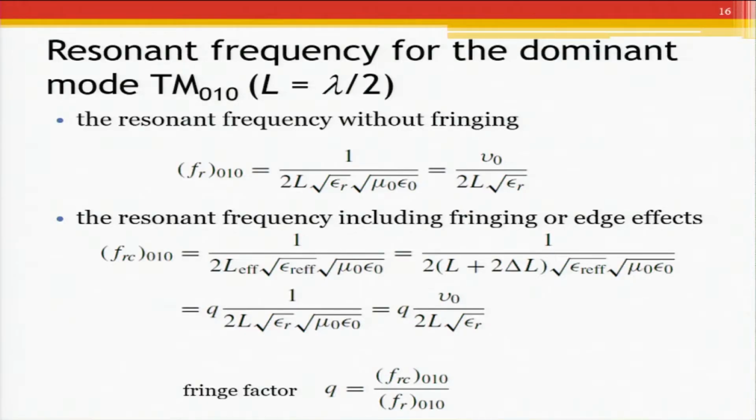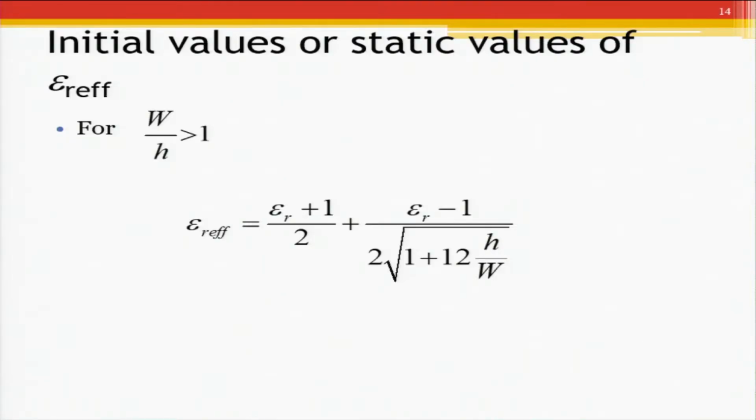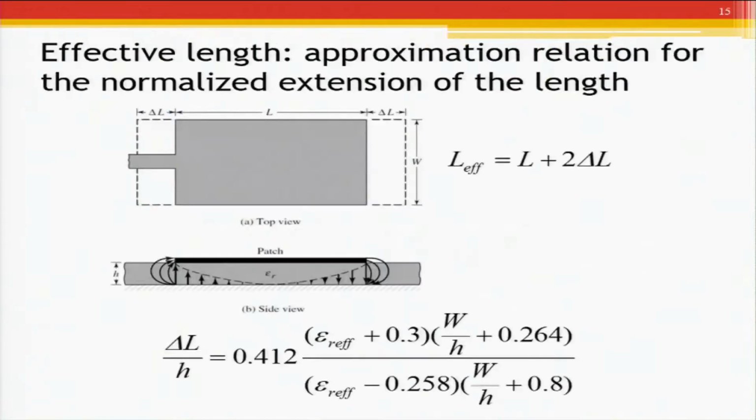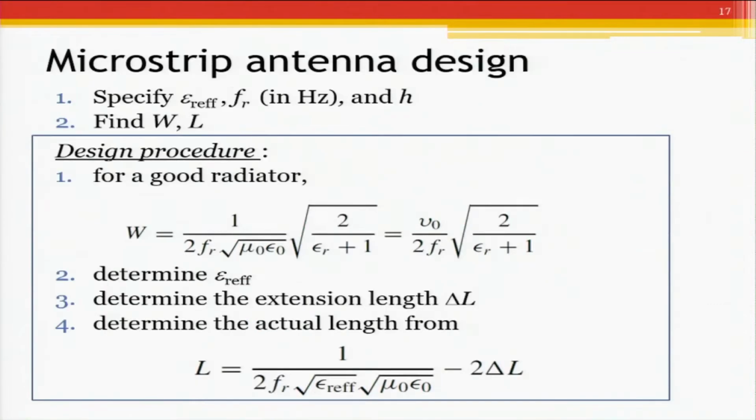That tells you about the effective dielectric constants that you have to include. It involves new design, delta L, and also this resonant frequency. Now, this part is the design of the microstrip antenna.